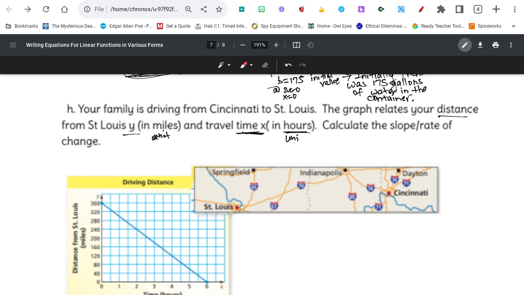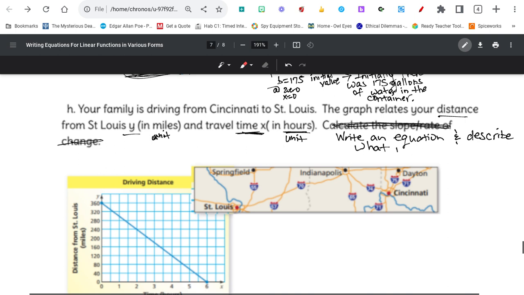That's your unit. It says calculate the slope and rate of change. We're actually going to write an equation and describe what it means.